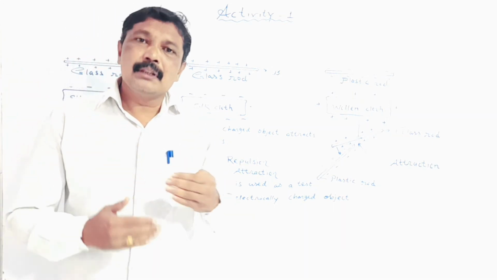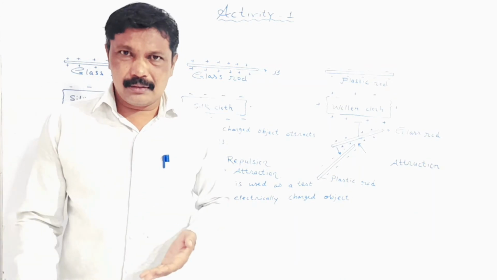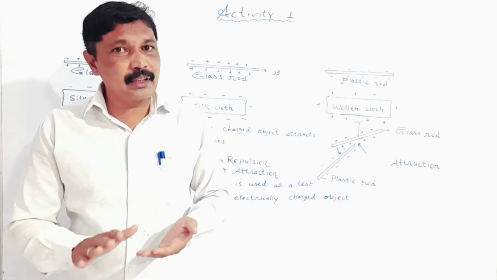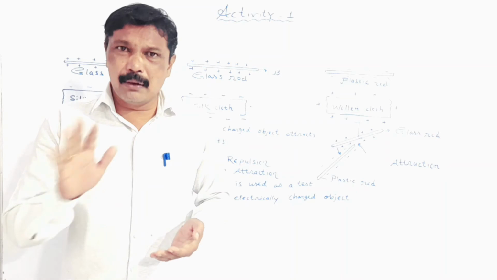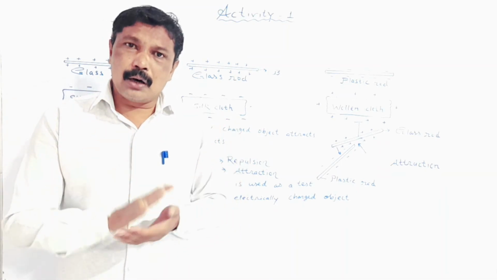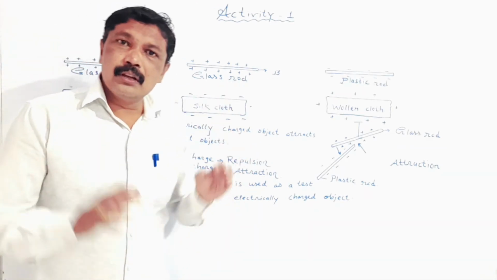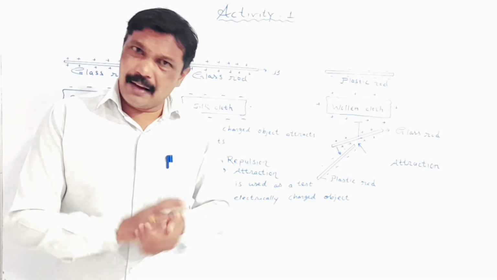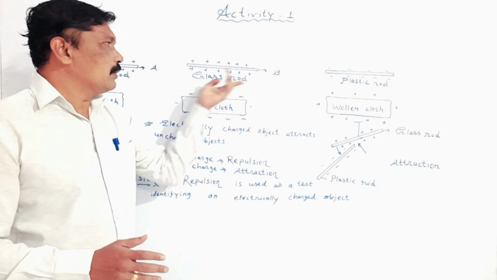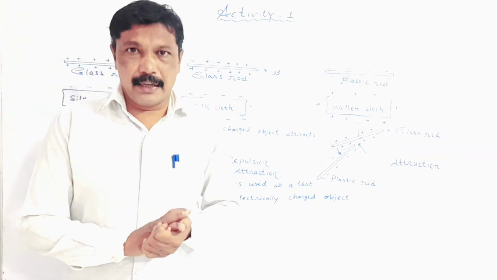We will rub glass rod B with a silk cloth and, due to friction, frictional electricity, static electricity, will be developed. Both the objects, glass rod B and silk cloth, will get charged. And we have seen the glass rod gets positive charge and the silk cloth gets negative charge.